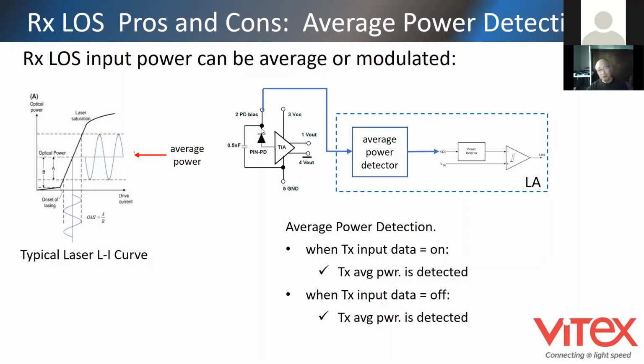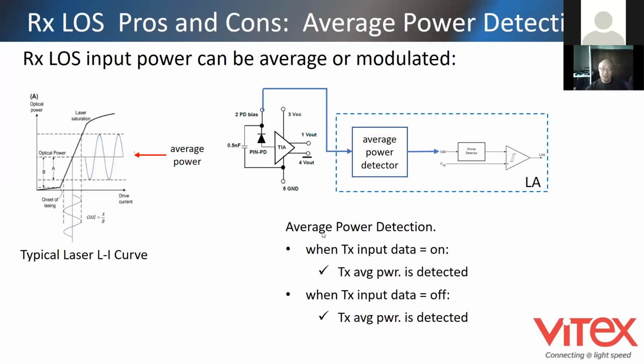I just put a very simple diagram, and this PIN current detects the average power, and then it goes into some monitor to trigger the limiting amplifier for the LOS signal.